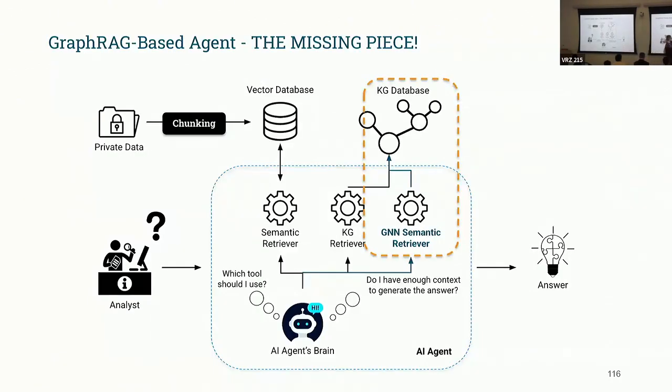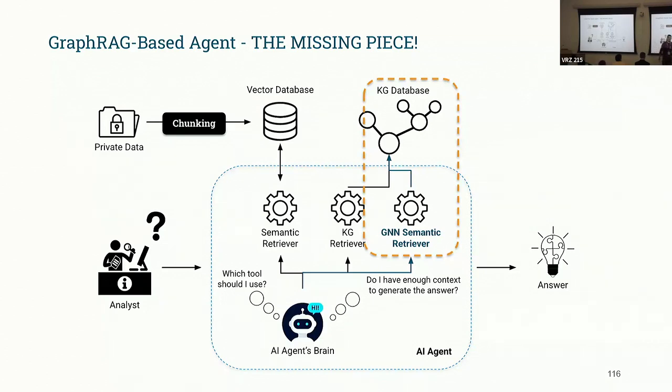another component, right, which is a GNN semantic retriever, in which the embeddings that are exploited are not just the textual ones, but also the embeddings that come from the message passing layer result. So this could be considered the missing piece, right, in GraphRAG, at least in my own humble opinion.